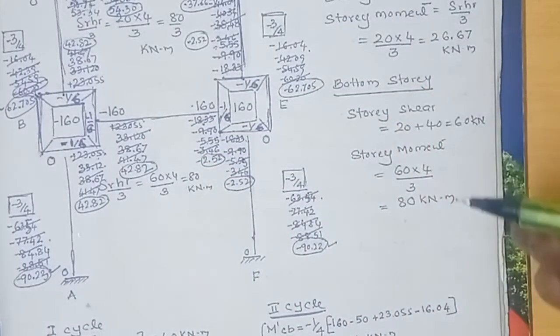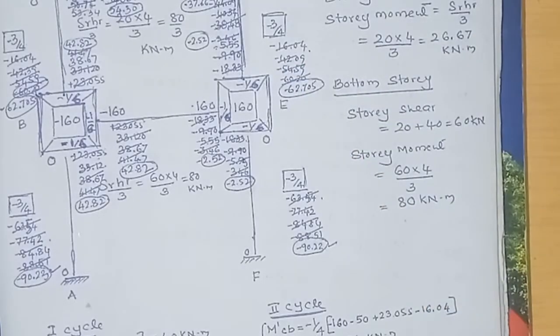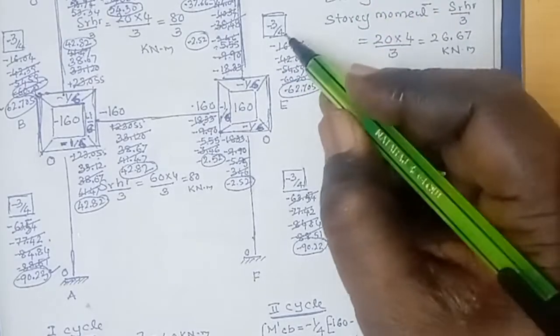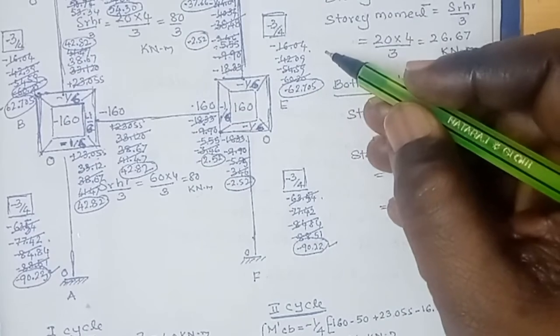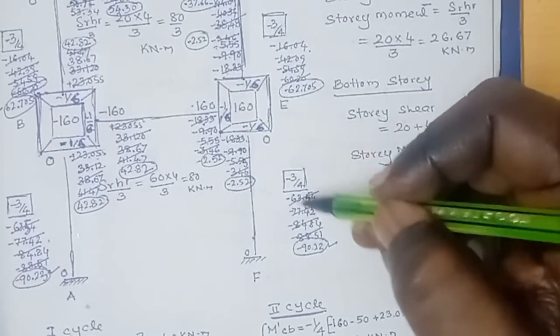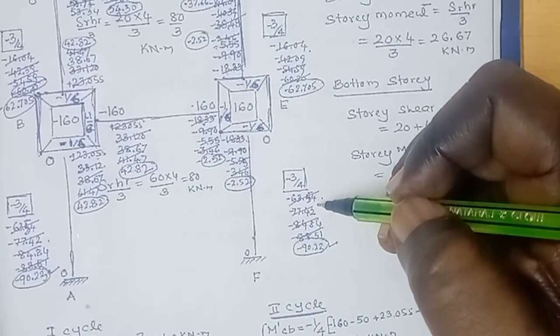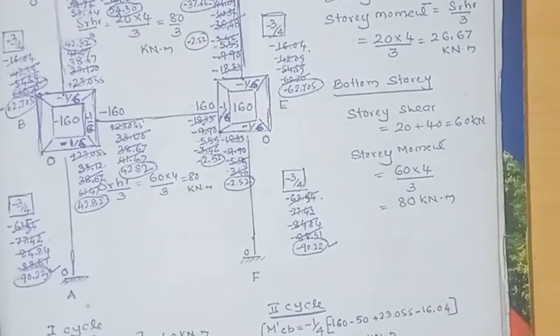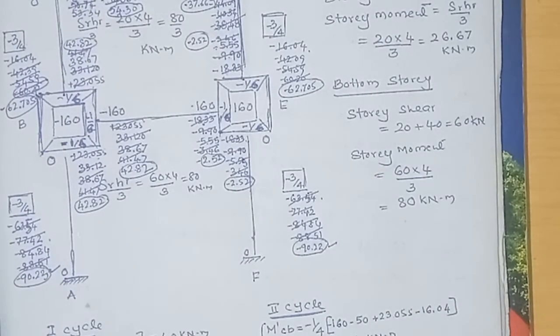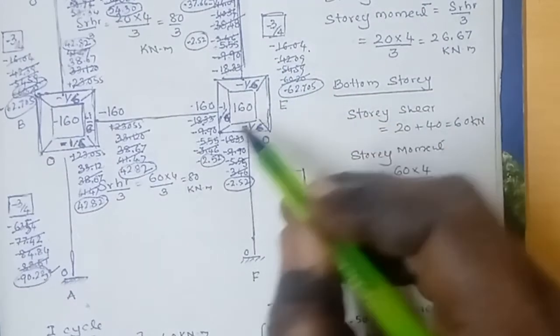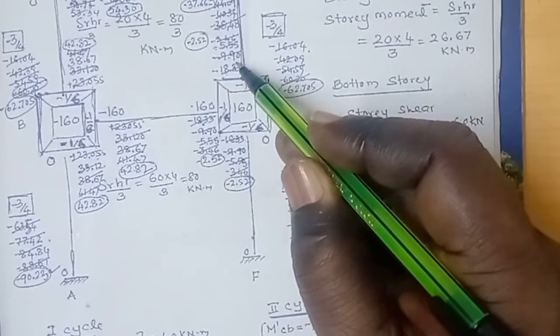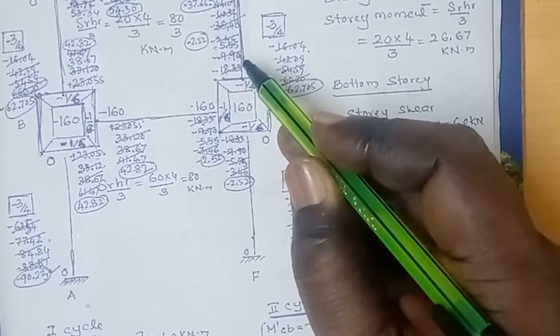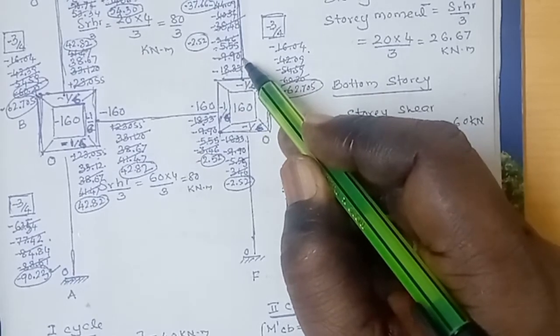Then the displacement contributions from the upper story, that is minus 16.05. From the lower story, that is minus 63.54, that we have calculated. Then after simplification, here we will get minus 9.8975, minus 9.9.